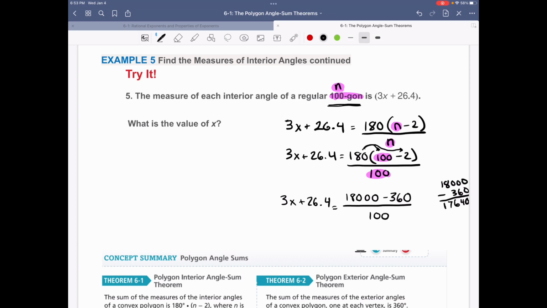So simplifying just the top, we simplified this part to get this. So we have 17,640 divided by 100 is equal to, just bring this down again.